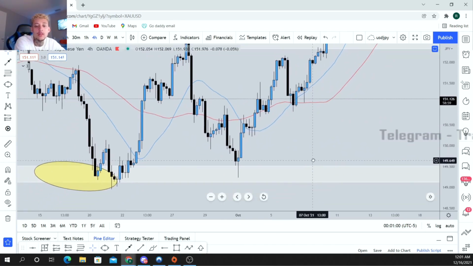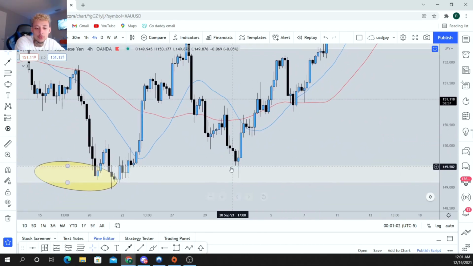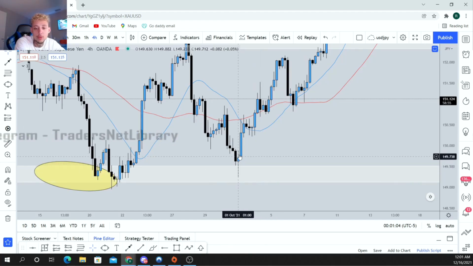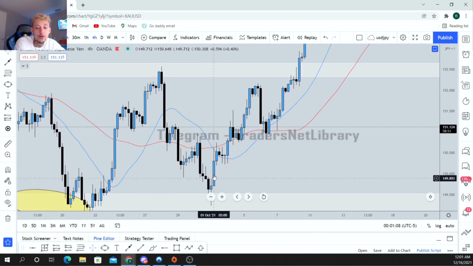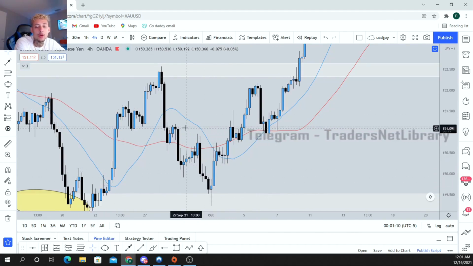So we know that this zone right here is our level of supply. We know that we have a bullish engulfing on the daily. Just based off that bullish engulfing on the daily time frame, right, we're starting to look to combine everything together. So what do we have on the daily? On the daily, we have a big rejection of support and a bullish engulfing. That is an indication to look for a buy, right?